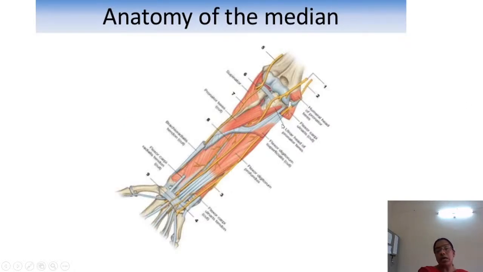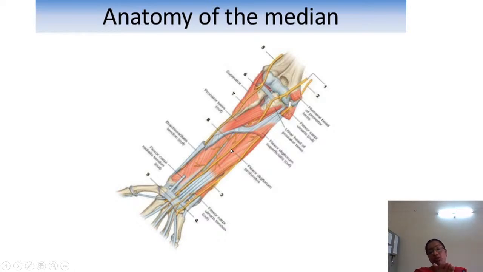From the cubital fossa, it enters the forearm between the two heads of pronator teres and between the two heads of flexor digitorum superficialis. In the forearm, it lies between the superficial and deep group of muscles, that is, between flexor digitorum superficialis and flexor digitorum profundus.